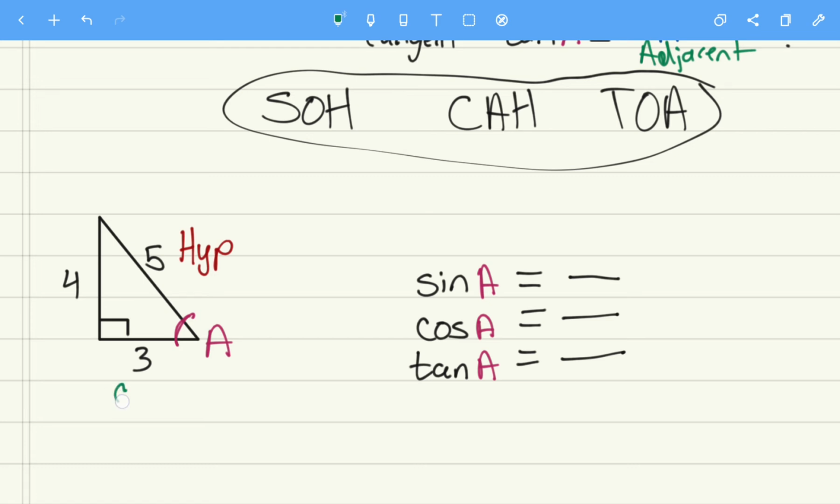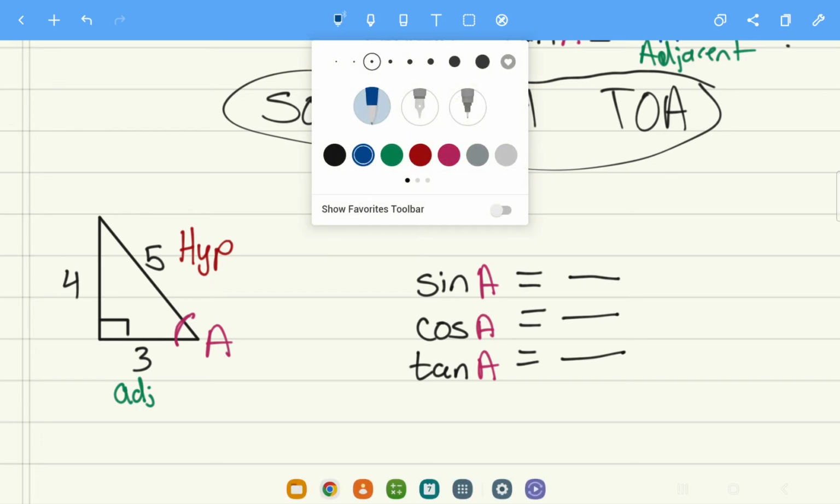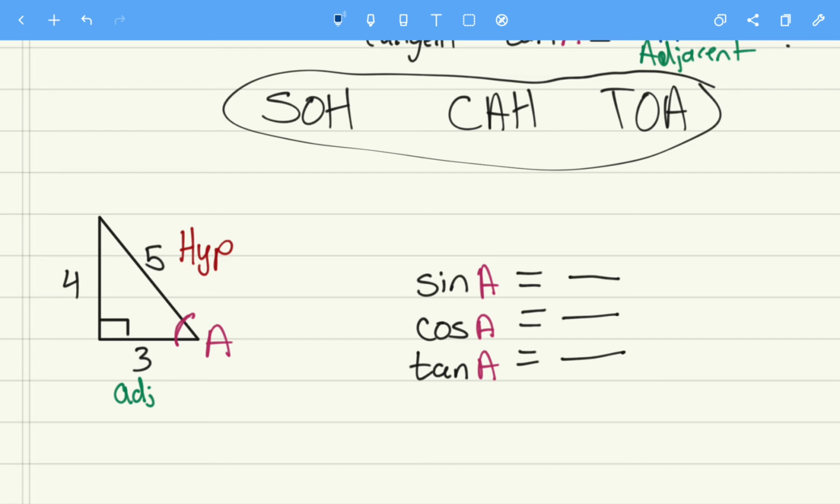Then I am going to move on to the adjacent, which I know is next to our reference angle, which in this case is A. And last but not least, the side furthest from our reference angle is the opposite side.